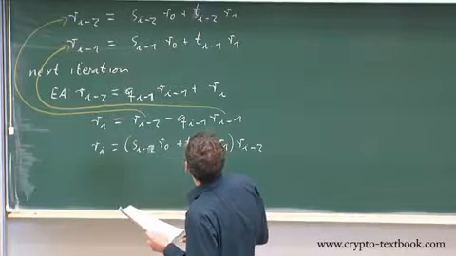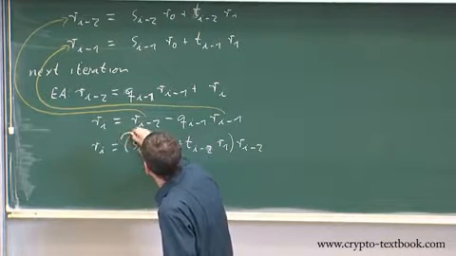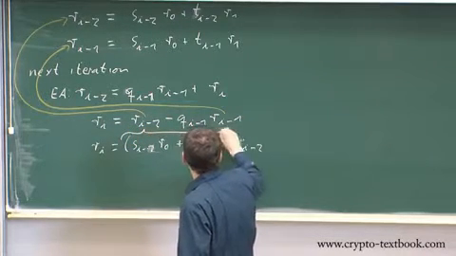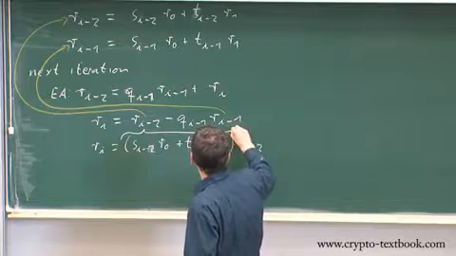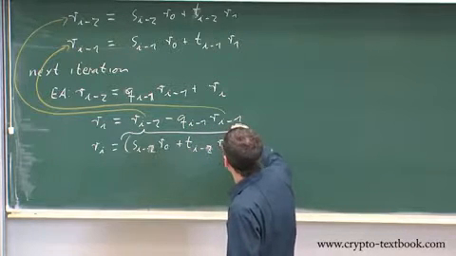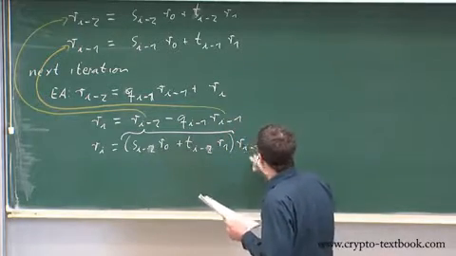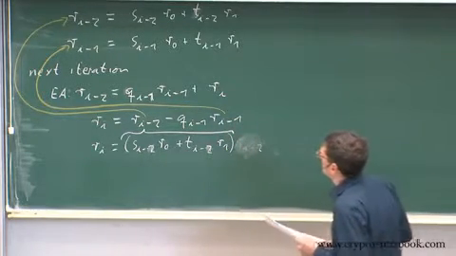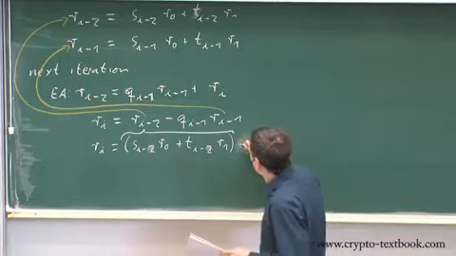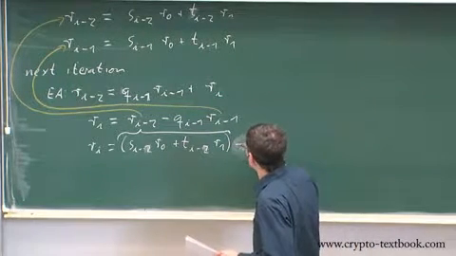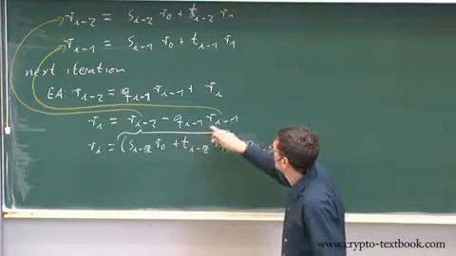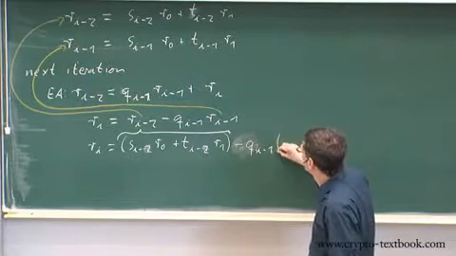So this is this here, right? Minus Qi minus 2 times this here, okay?